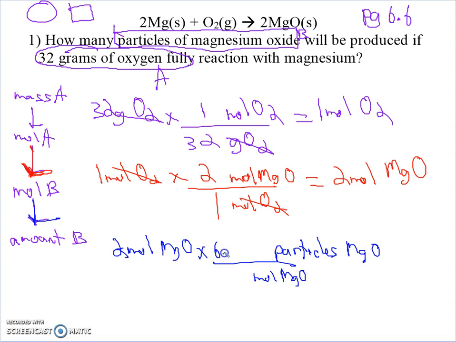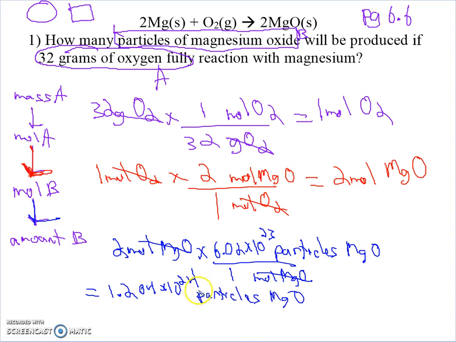So we know that there are 6.02 times 10 to the 23rd particles for every 1 mole of MgO. So that cancels out, and we convert it. We get 1.204 times 10 to the 24th, which is 12, but I just moved the decimal over. Particles of MgO.